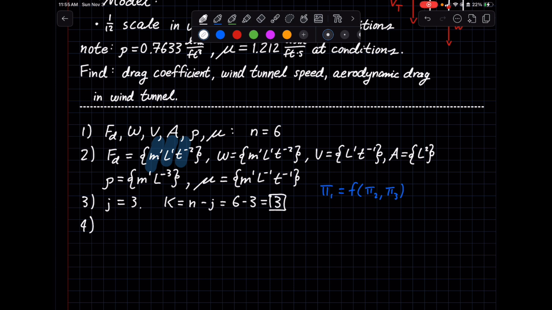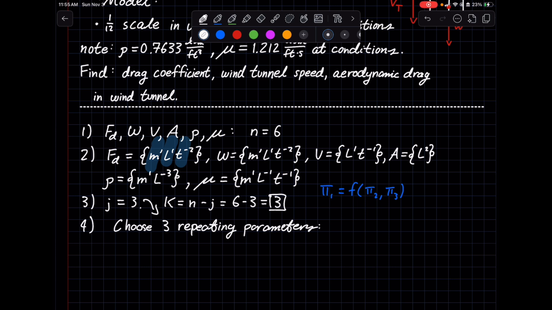Step 4 is choose repeating parameters of a j amount. We have 3 as our j value, so we need to choose 3 repeating parameters.